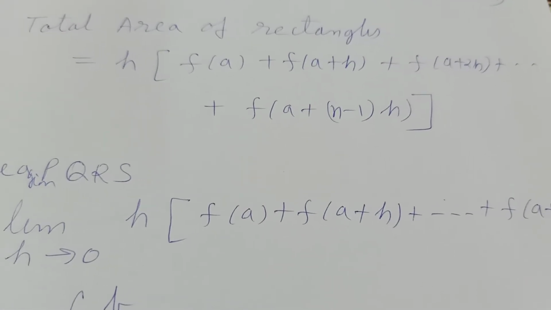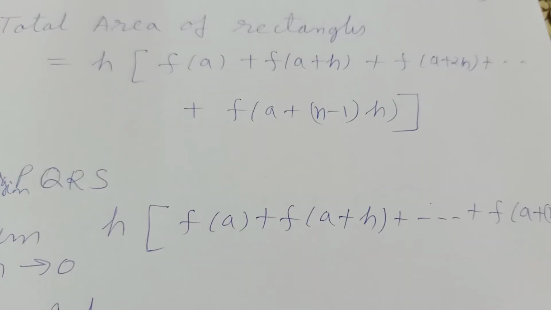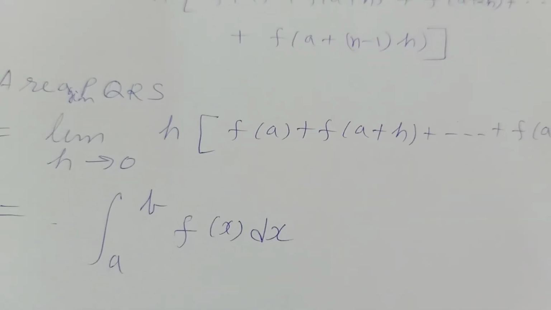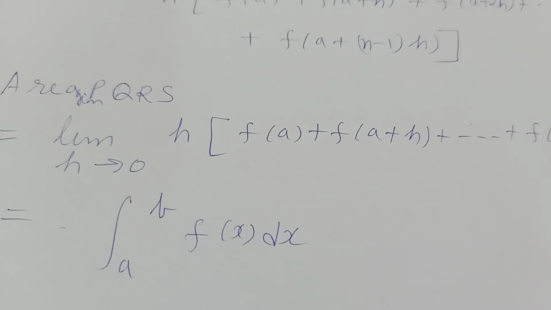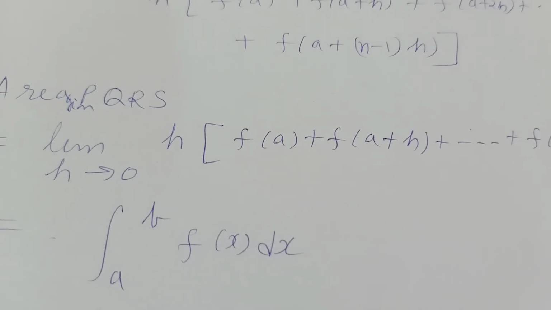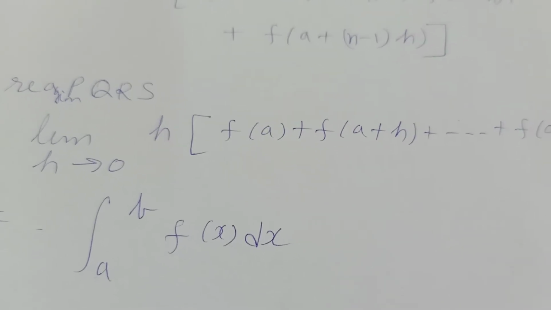Earlier we said that the definite integral from a to b of f(x) dx is the area of region PQRS. So this sum will be equal to our definite integral. In this way we have expressed the definite integral as the limit of a sum.